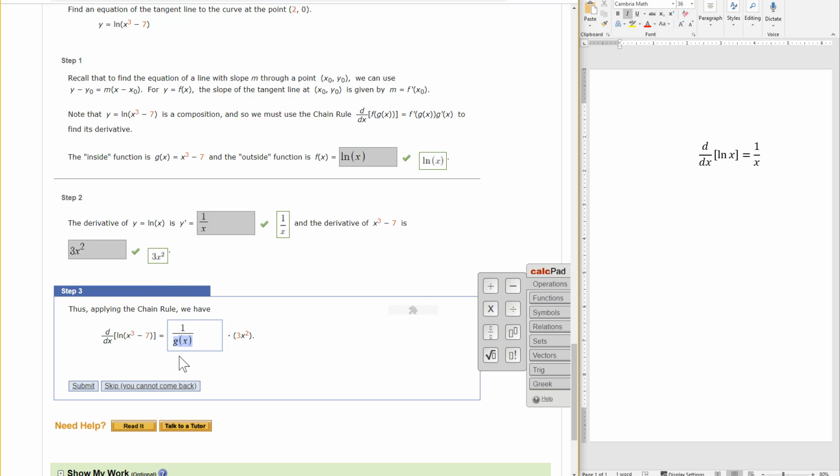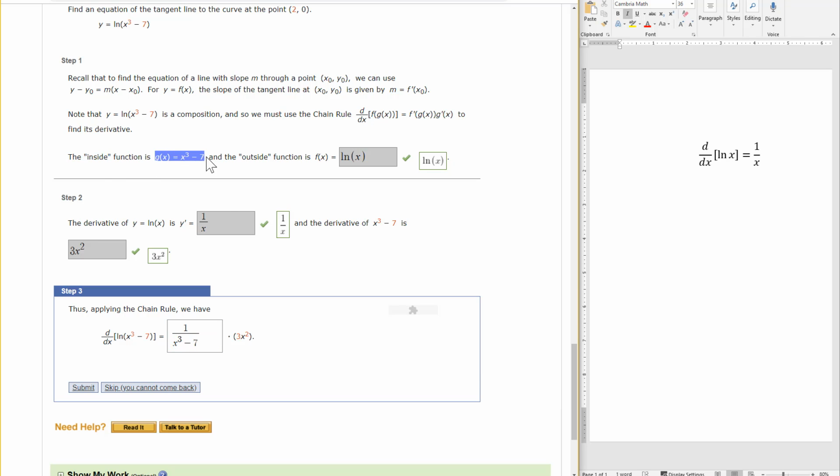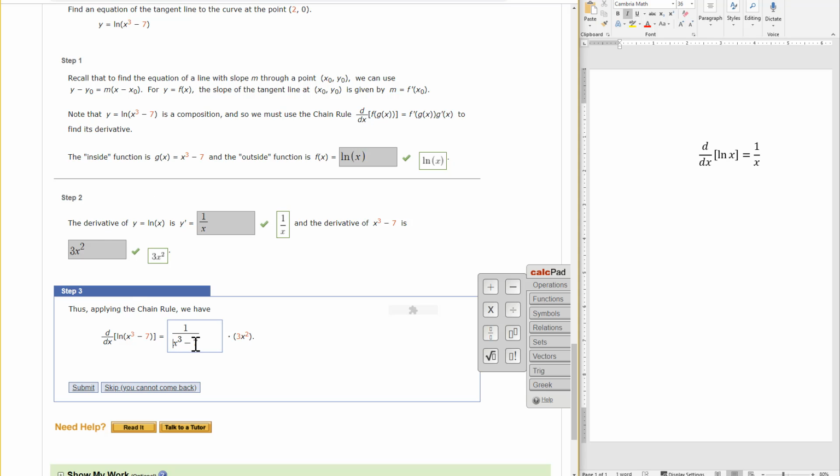The inner function itself is x cubed minus 7, so it's actually 1 over x cubed minus 7. That's the original g of x function, the original inside function. So that's what we want to replace in our derivative.